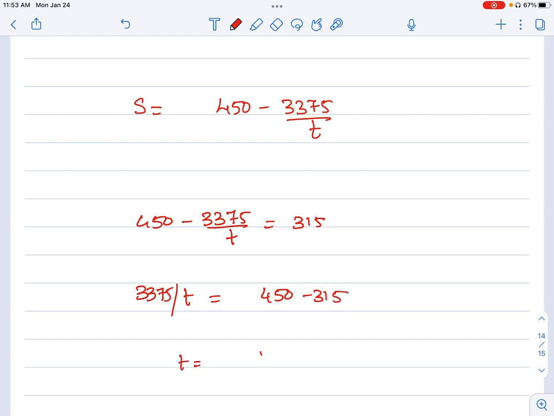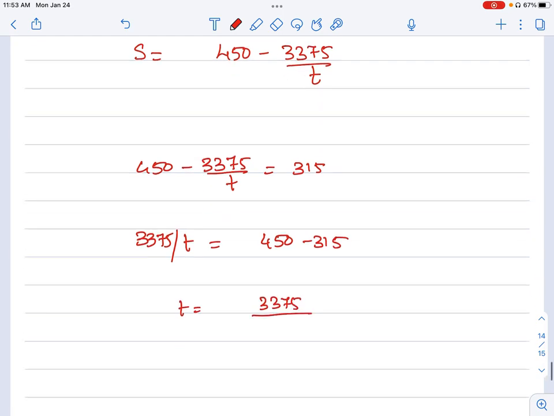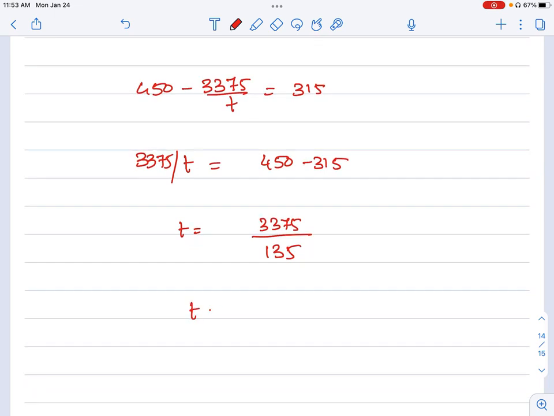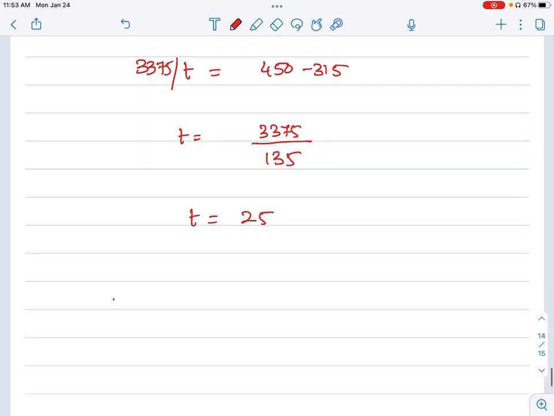So t is equal to 3375 upon 135, which gives 25. But he's asking for velocity. Velocity is B upon t squared, which is 3375 upon 25 squared, which gives me 5.4 meters per second.